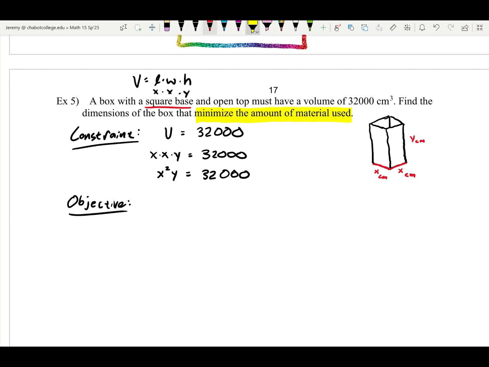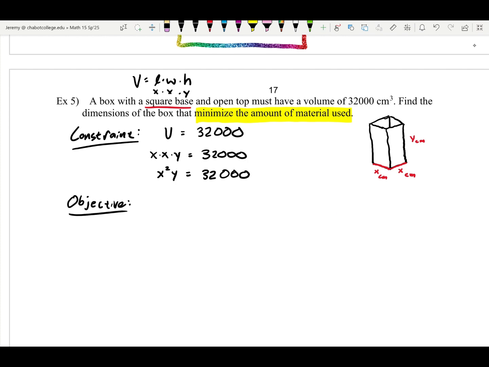So how do we represent the amount of materials used given our picture here? Well, if we're talking about having some material to cover the sides and the bottom of this box, like cardboard or wood or plastic, how would we measure the amount of cardboard if that was the material we were talking about?